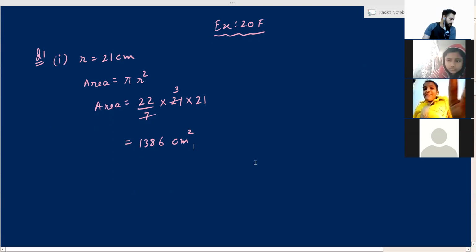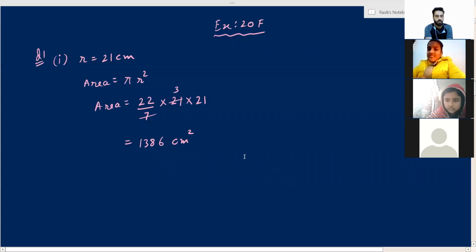Okay. So all of you do the first part of question 2 yourself. Everyone, try it. The diameter is given. Find out the radius with the help of the diameter and then find the area. Question 2, first part. Diameter of the circle is given.